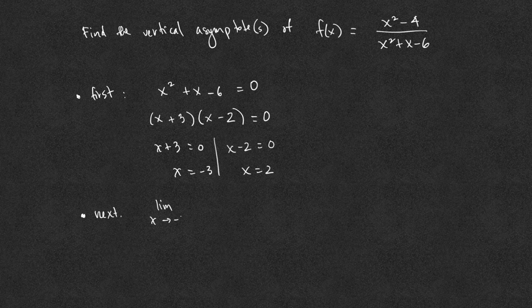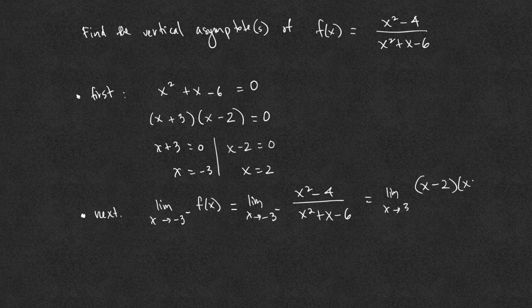So at x equals -3, let's find the limit on the left. It doesn't matter whether we find the limit on the left or on the right-hand side. Now, f of x is x squared minus 4 over x squared plus x minus 6. And so we factor both the numerator and the denominator. x squared minus 4 is x minus 2 times x plus 2.